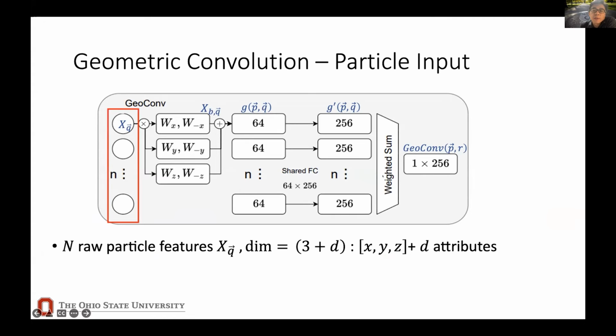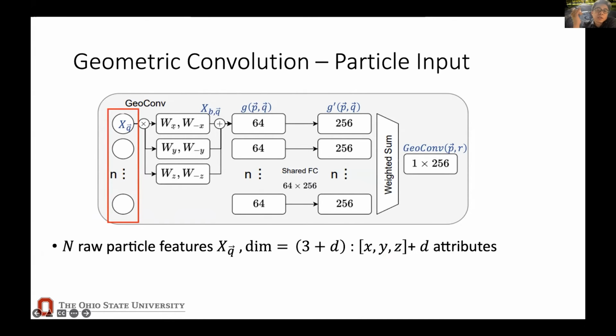Now let me describe the high-level idea of this convolution geometrically. Each particle's 3 plus d vector is going to be multiplied by 6 trainable matrices. Why 6?